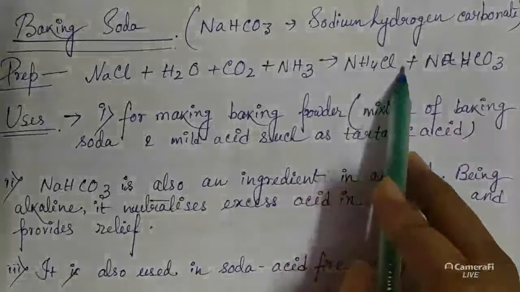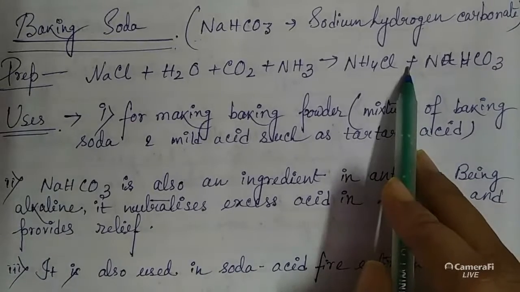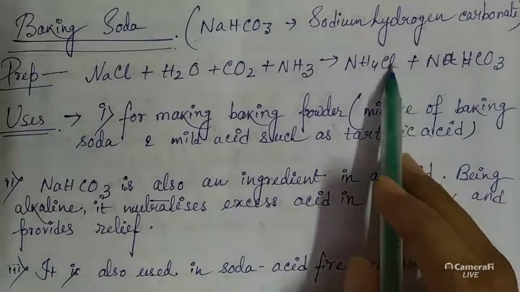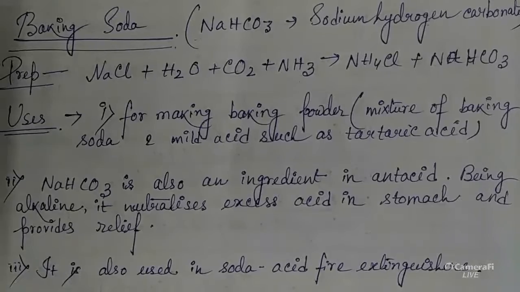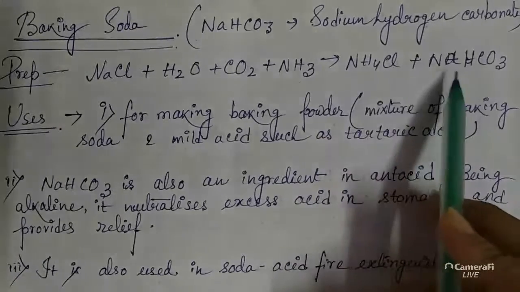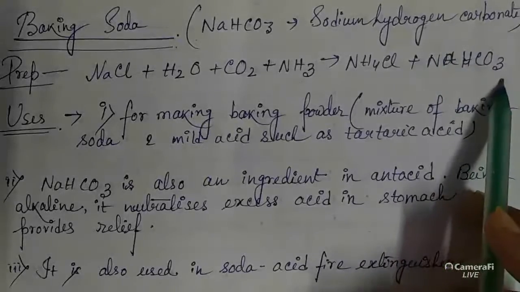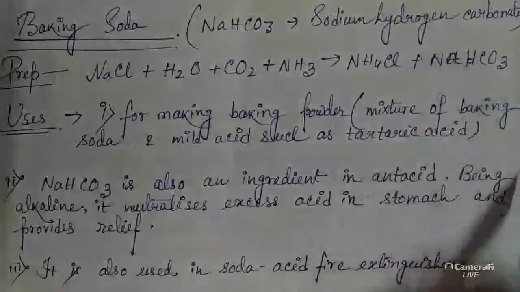But ammonium chloride has the sublimation property like naphthalene, like camphor. So if you use the sublimation technique, we can collect the ammonium chloride by the separation technique, and sodium hydrogen carbonate will remain there after the evaporation of ammonium chloride. Understood?